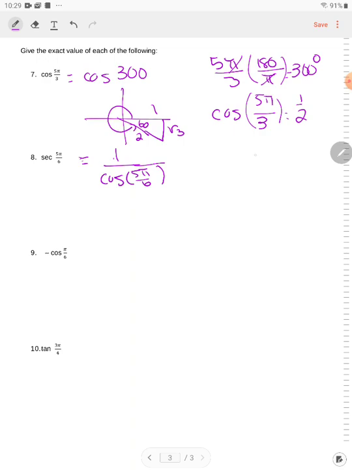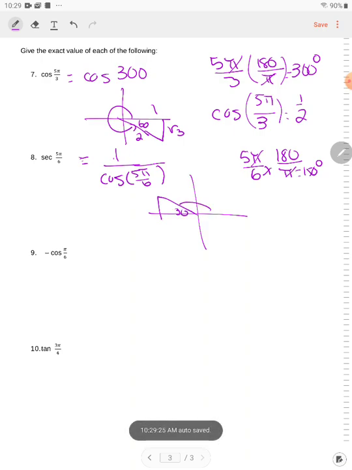Okay, so now we have 5 pi over 6. Six goes into 180, 30. That's a 150-degree angle. So now we're looking at quadrant 2, 30 reference, because 180 minus 150 is 30. Across from 30 is 1, 2, root 3.